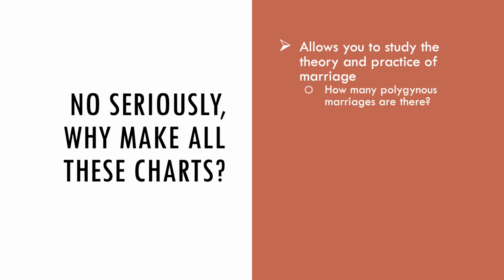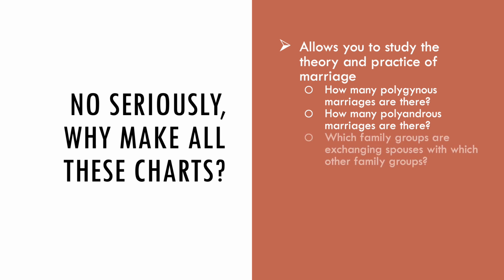So you can look at how many polygynous marriages there are in this society that you've been dropped into. Or you could look at how many polyandrous marriages there are. You could see maybe which family groups are exchanging spouses with which other family groups. What kinds of alliances are being made that help to structure this society?